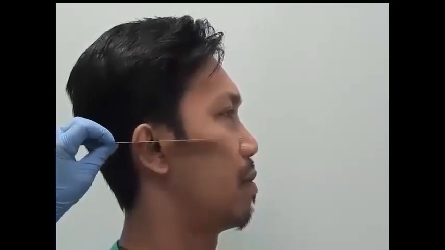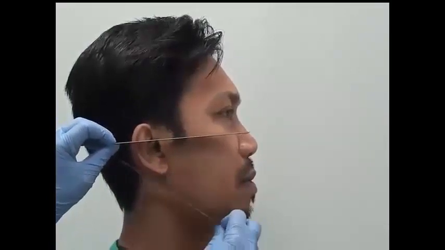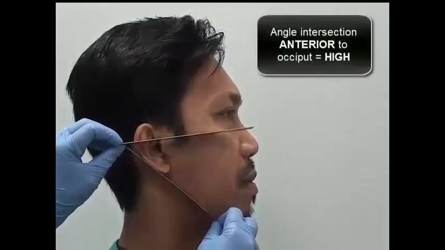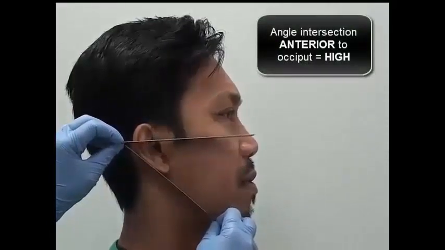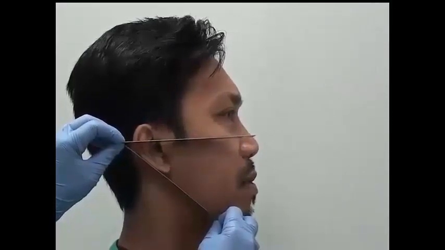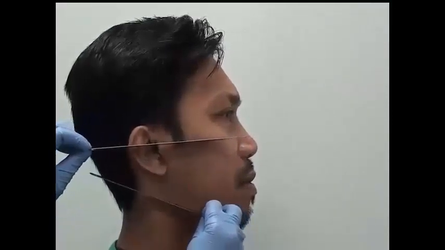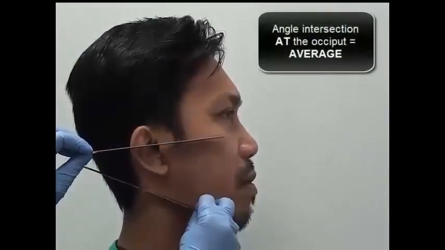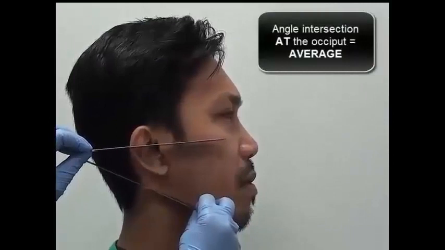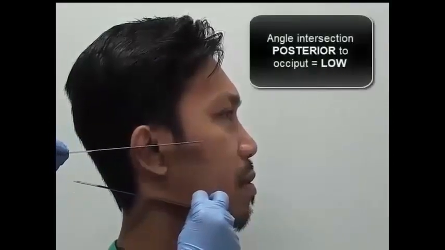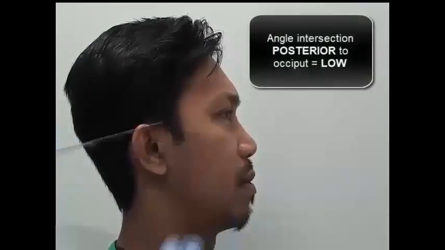So if the two lines intersect anterior to the occipital region, the Frankfurt-Mandibular Plane angle is high. If the Frankfurt-Mandibular Plane angle intersects at the occipital region, it is average, and if it intersects behind the occipital region, it is low.